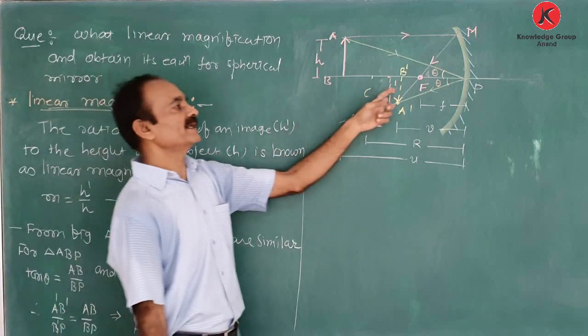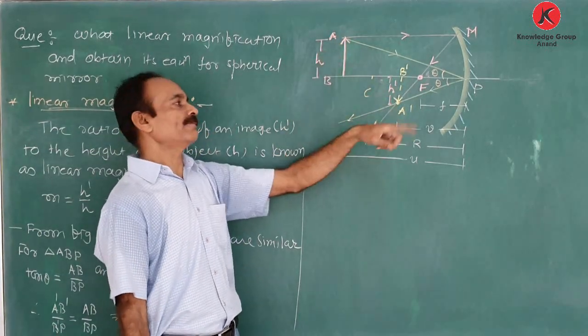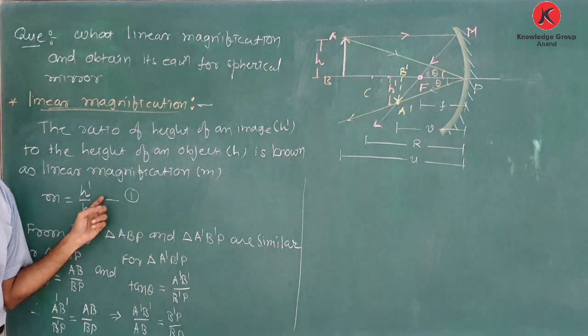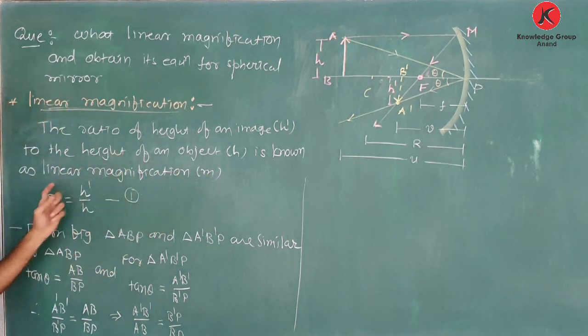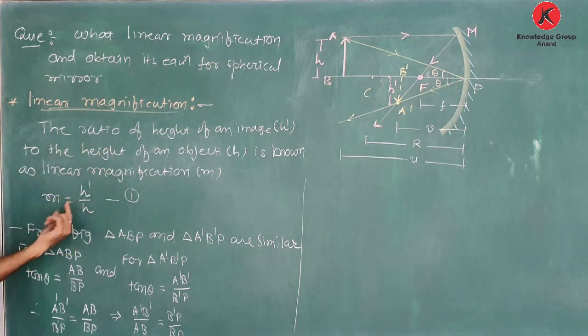Here, the height of an image is H' and the height of an object is H. Therefore, H' upon H is known as the linear magnification. It is denoted by small m. Therefore, m is equal to H' upon H. Equation number 1.